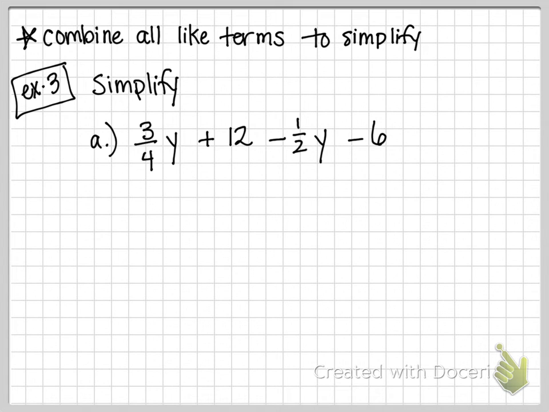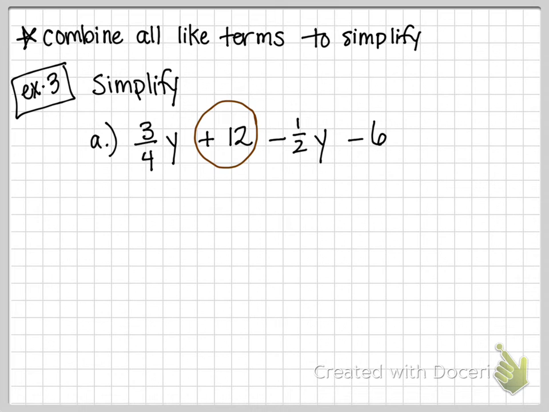How many terms do I have total? Ben? 4. 4 terms: 3/4 y, 12, minus 1/2 y, minus 6. Let's identify the like terms because we need to group them together so that we can combine. What's one set of like terms, Finn? 12 and negative 6. Okay, good.